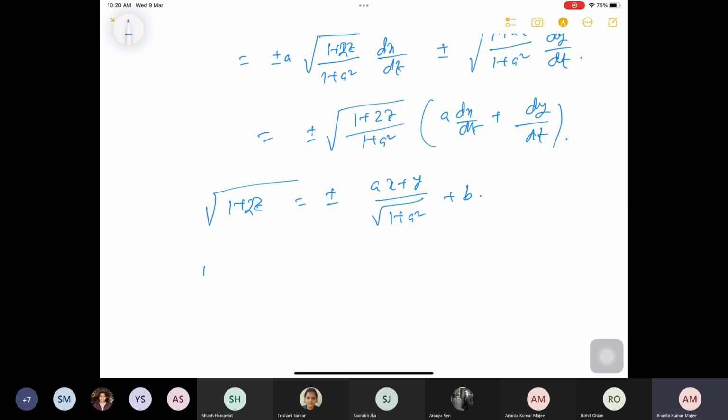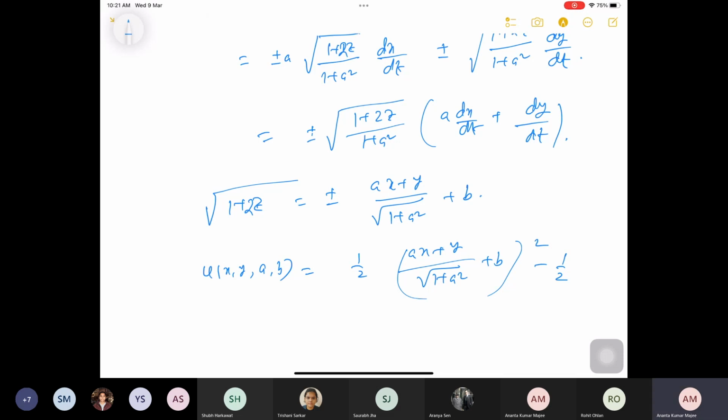So if I define u(x, y, a, b), then since z is equal to u, I have half of (ax plus y by root of 1 plus a squared, plus b) whole squared. You take that whole square, and then minus half. Okay, so this is a complete integral.